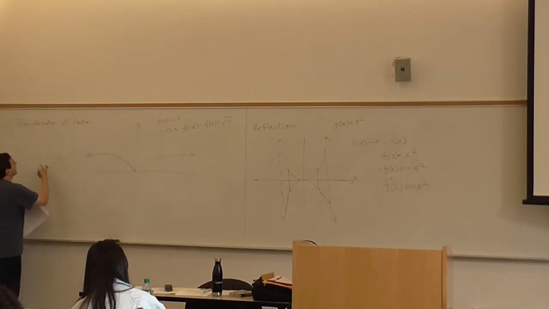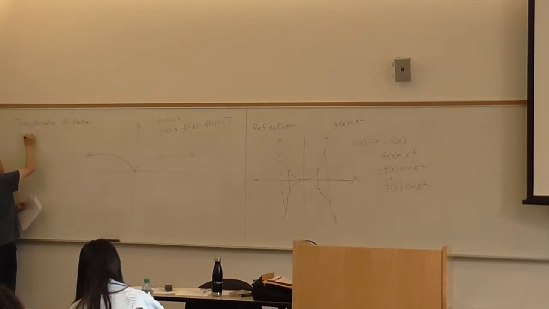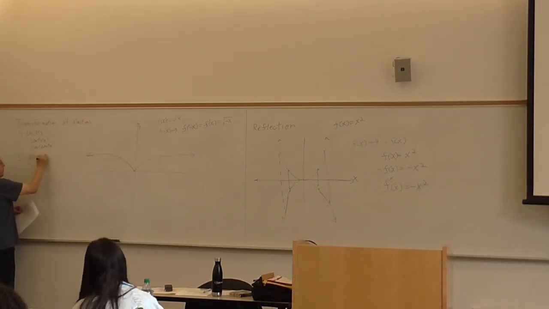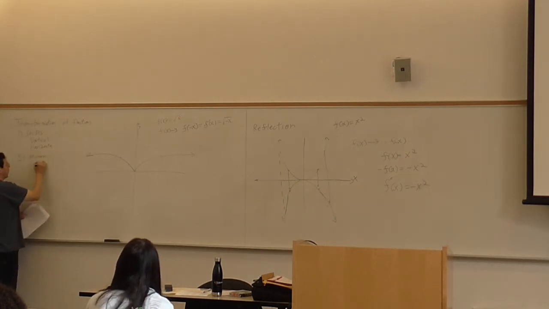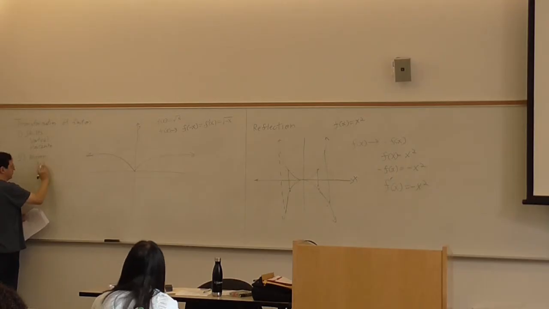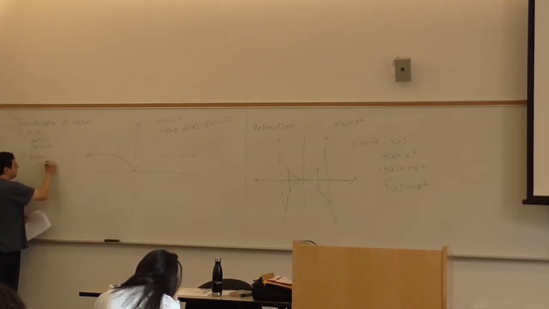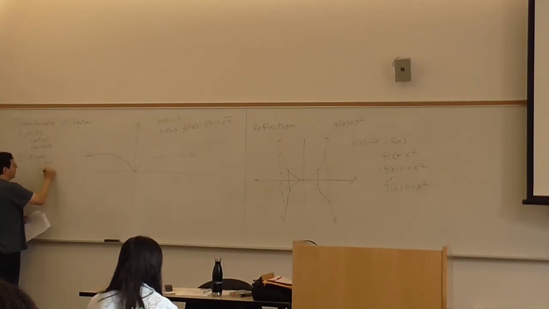I guess I should iterate these. So we looked at shifts, vertical and horizontal. We have a mirror image function across the x-axis, the y-axis.